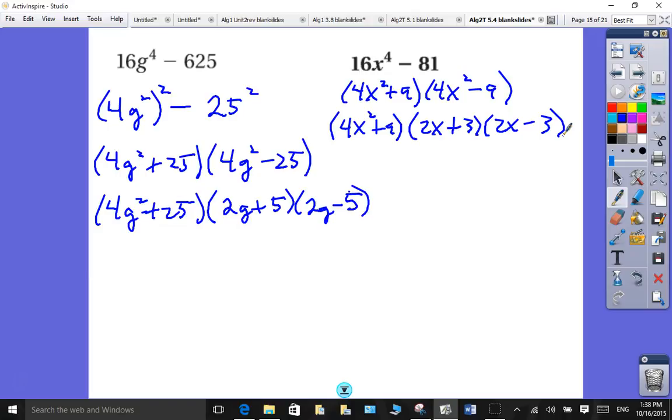Quiet, please. What's that? Here? Well, there's going to be one plus and one minus, and the minus factors again, and the plus doesn't. Right? Okay.